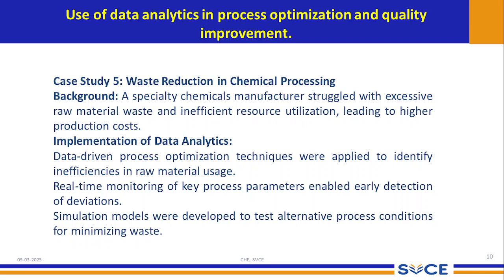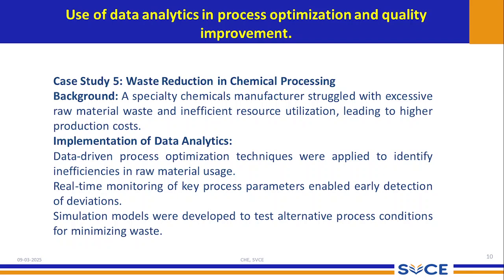Waste that starts with the raw material itself adds cost to the product. Once the product cost increases, we cannot compete with competitors, and we cannot sell at a higher profit margin.